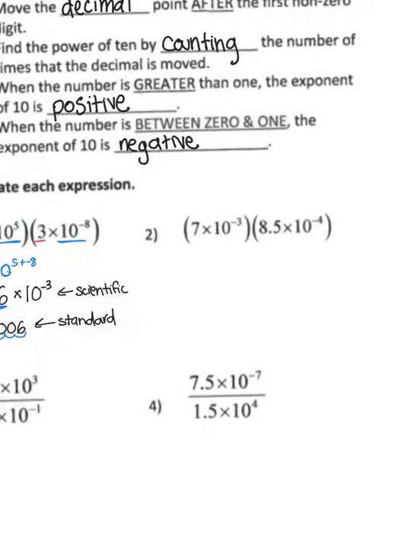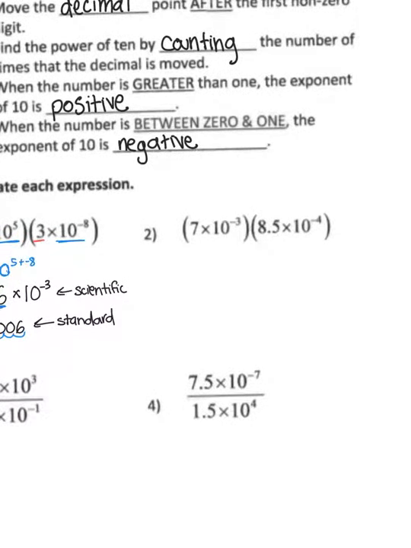Okay, let's look at number 2. For this next example, I'm going to start with standard form this time so we can see how we get our scientific notation. When I multiply these two numbers together, I get 0.000, we've got 5 zeros, then 595.